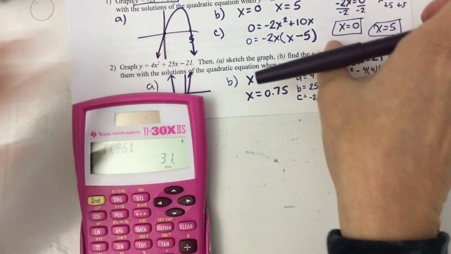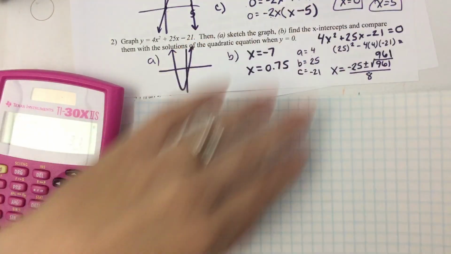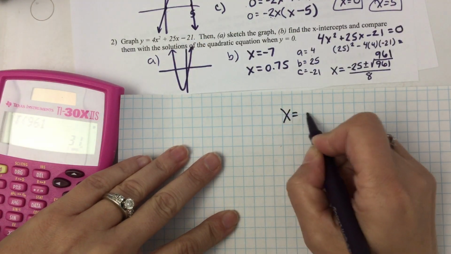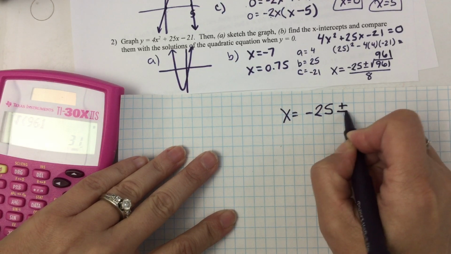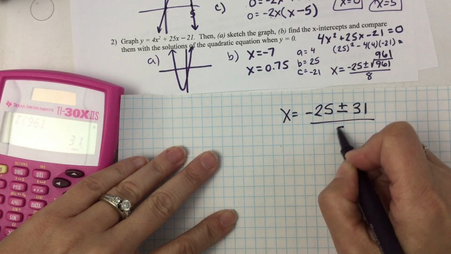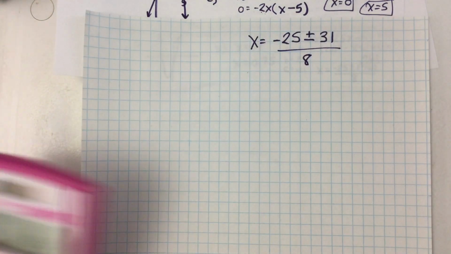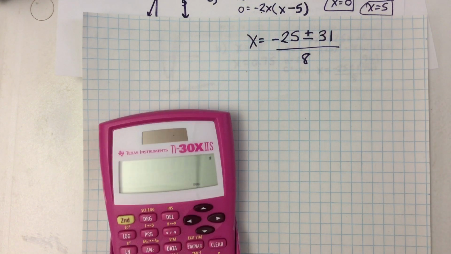So this, I'm going to actually grab a separate sheet of paper here. What I actually have, if I simplify this, I have x equals negative 25 plus or minus the square root of 961, which we said was 31, all over 8. Now to find the two answers, remember you add the two values on the top and then divide by 8.